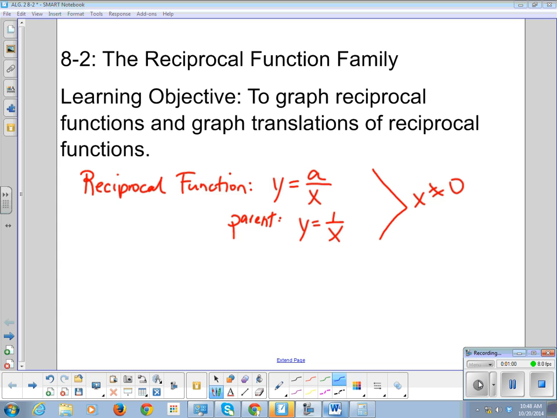Alright, so the translation looks like this: y equals a constant a over x minus h plus k.